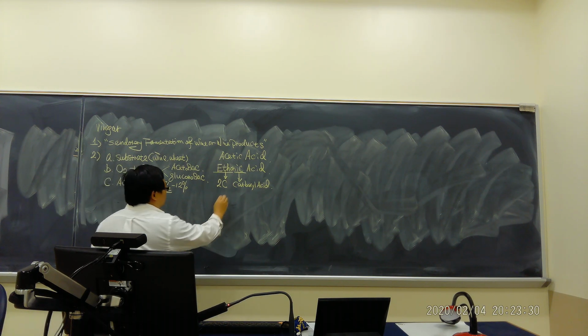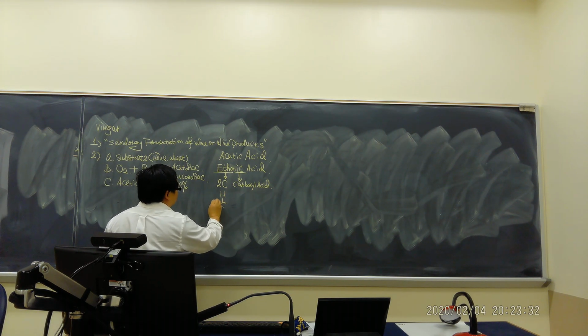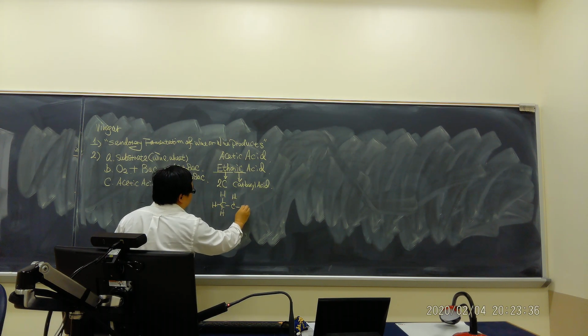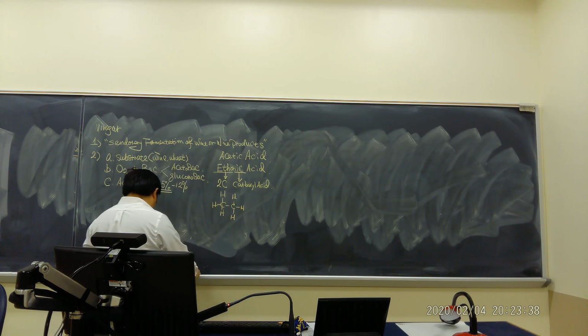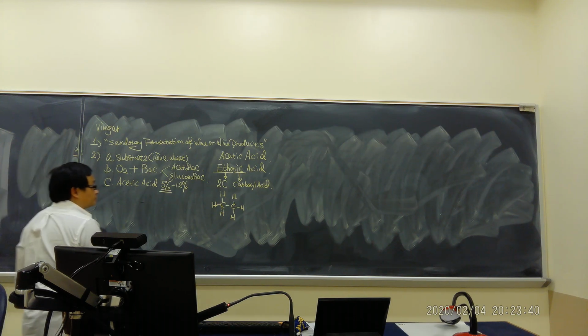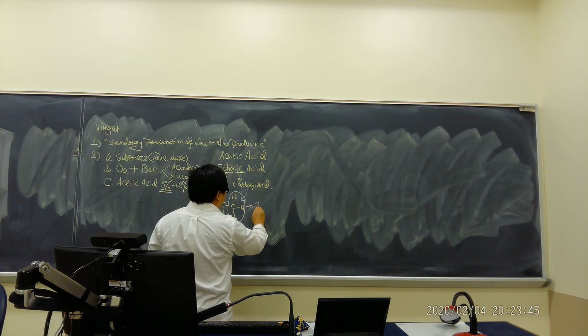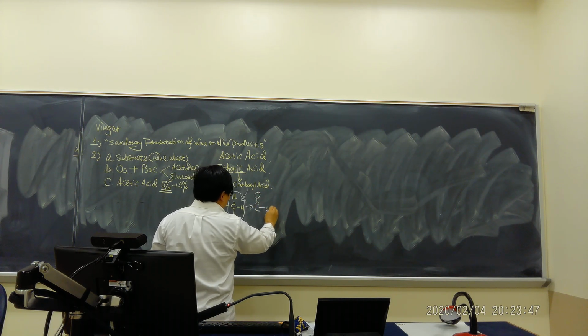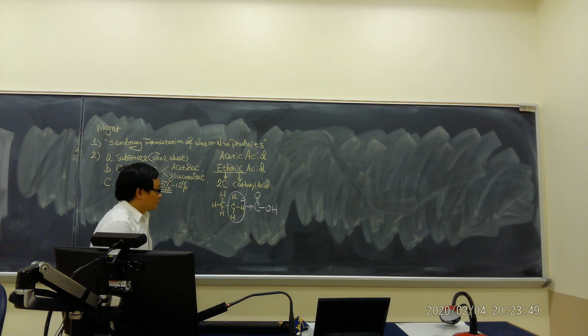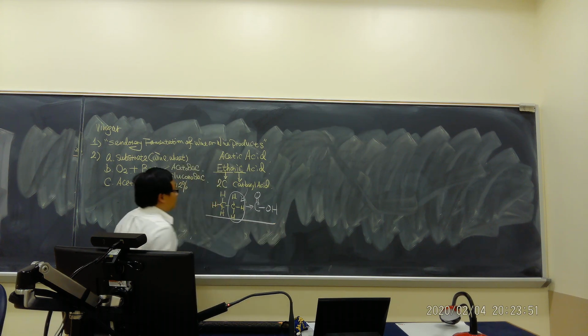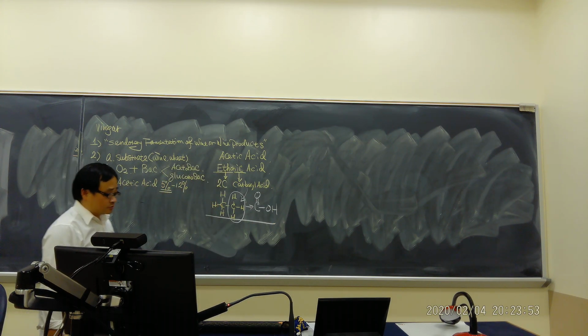So originally, it looks like this. Then what happened? Carboxylic acid attacking this one becomes COOH. Therefore, it becomes acetic acids.